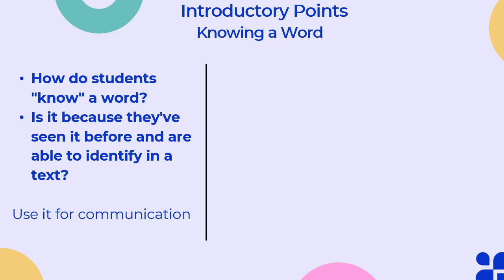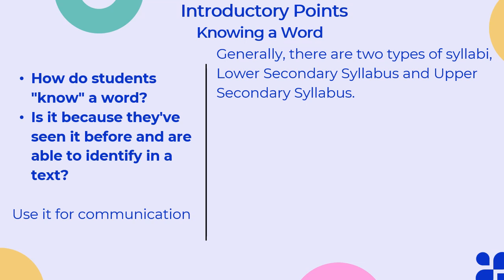But the question is, how can students begin to build the words they need for communication? This brings up 2 terms that indicate the kind of words students learn in school. We have lower secondary syllabus and upper secondary syllabus. The lower one is a syllabus designed for students to store and build up their basic and simple vocabulary for everyday communication, such as going to a shop, a restaurant, asking for directions, ordering food, and all these sorts of things.